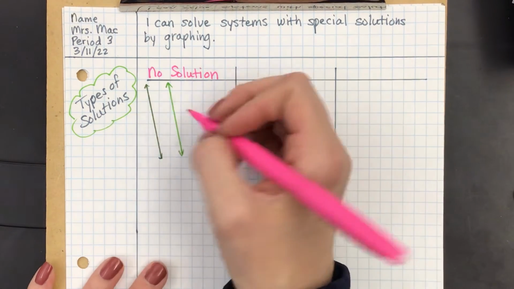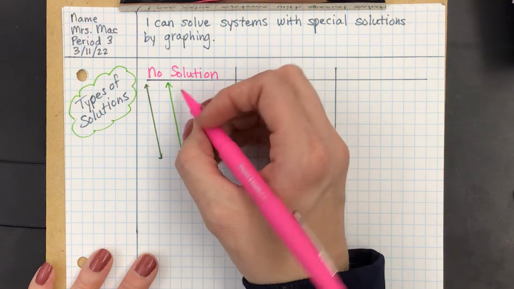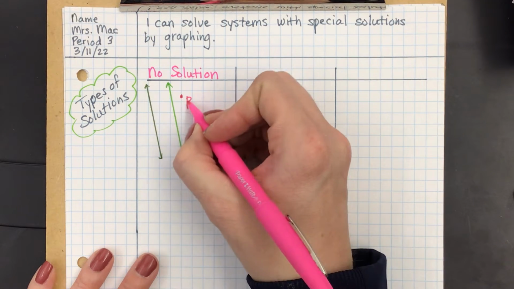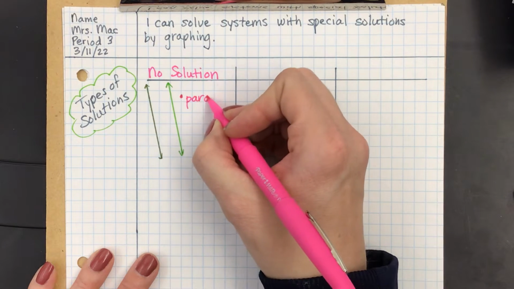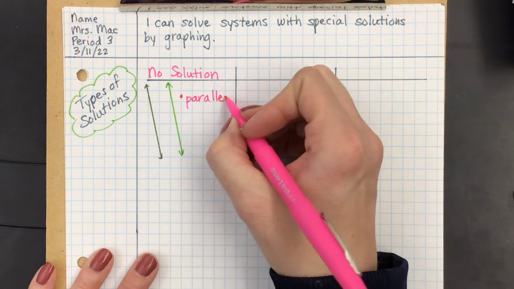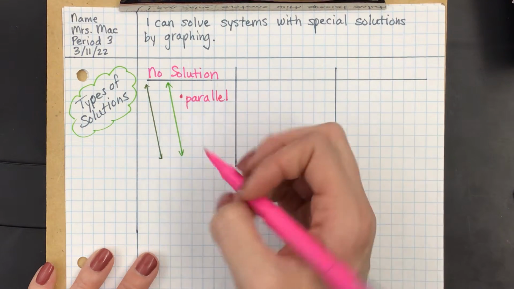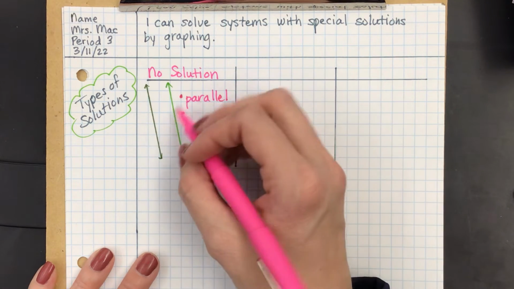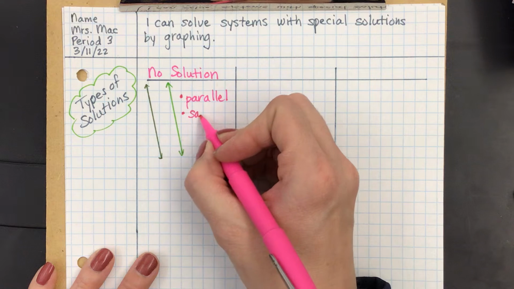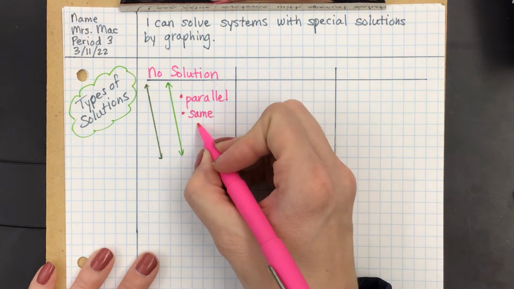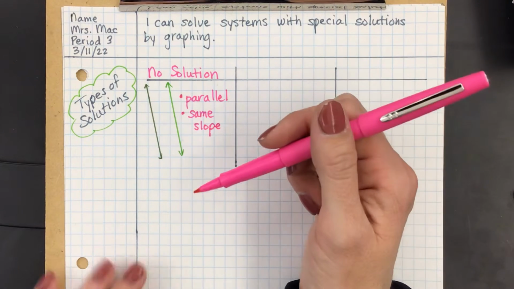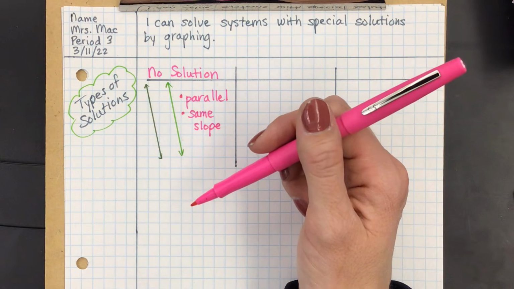So a characteristic of these kinds of systems is that when you graph it, you'll see that the lines are parallel. You'll notice that both lines have the same slope, which makes sense because they're rising and running by the same amount.